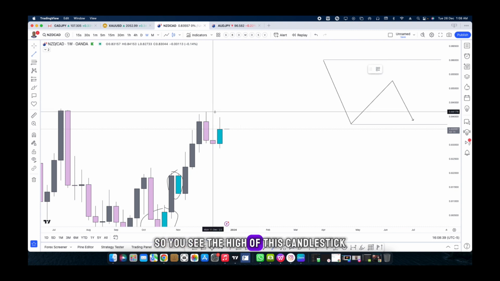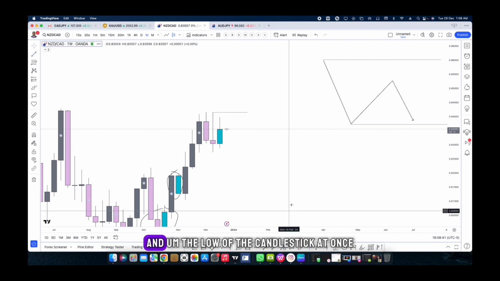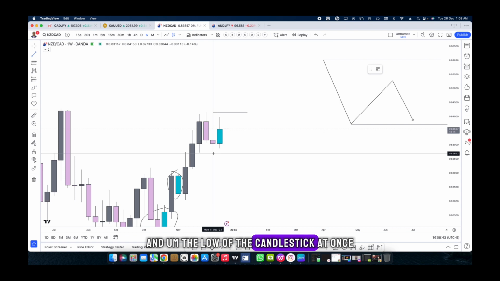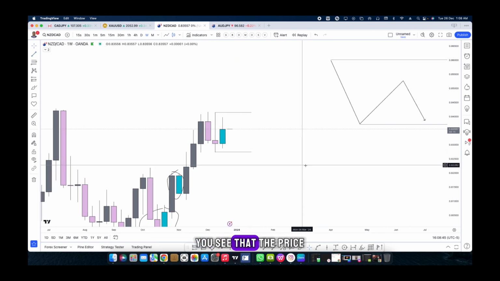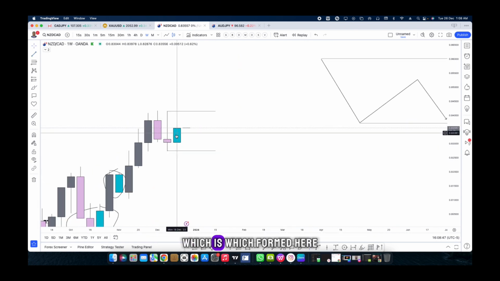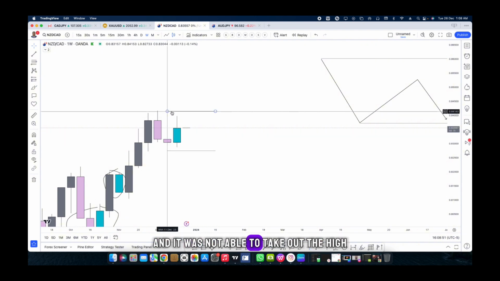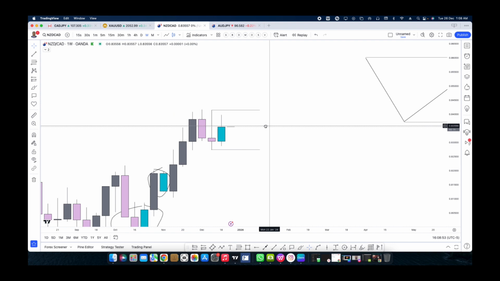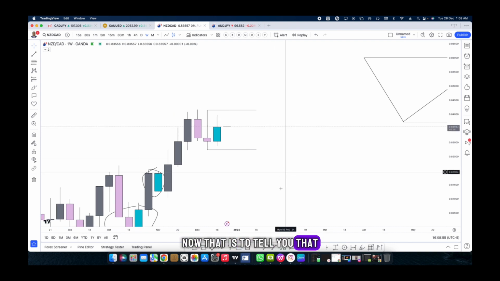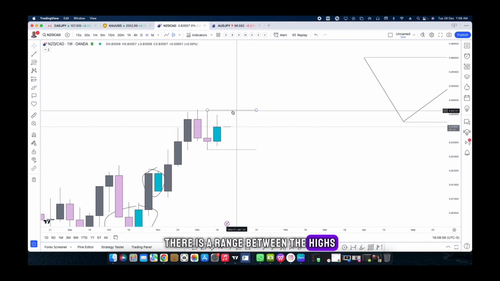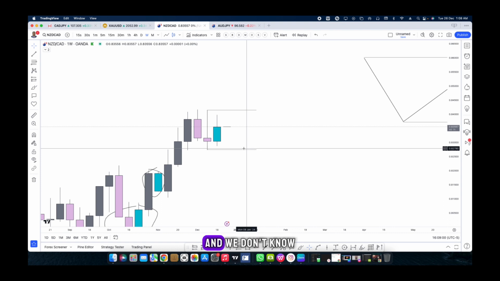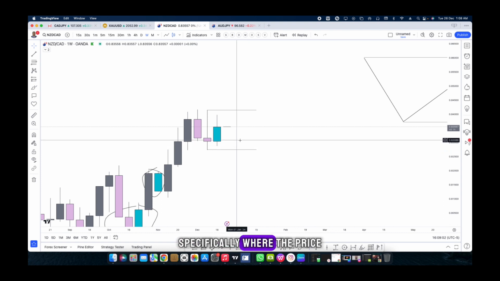You see the high of this candlestick and the low of the candlestick at once. You see that the price which formed here was not able to take out the low, and it was not able to take out the high. That tells you there is a range between the high and the low, and we don't know specifically where the price is going, right?